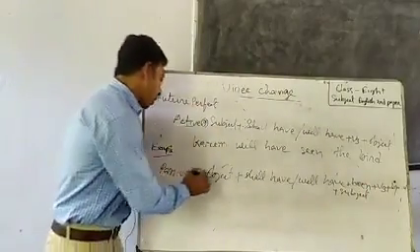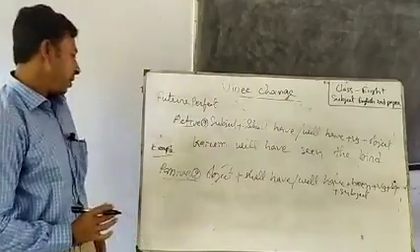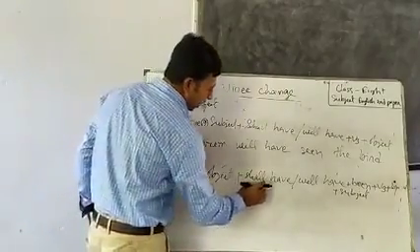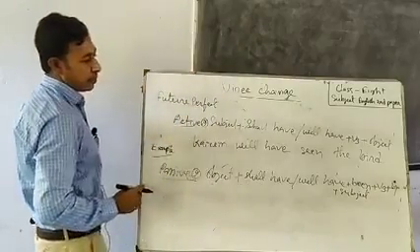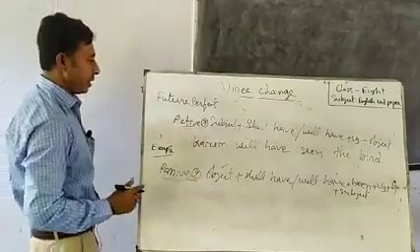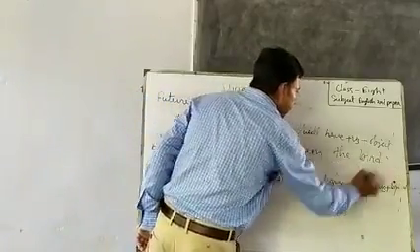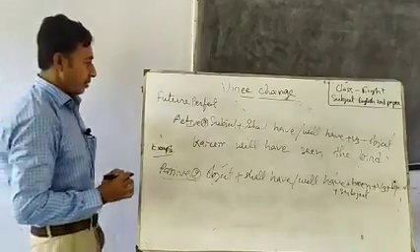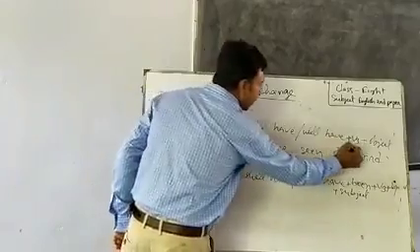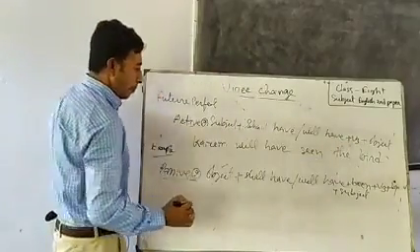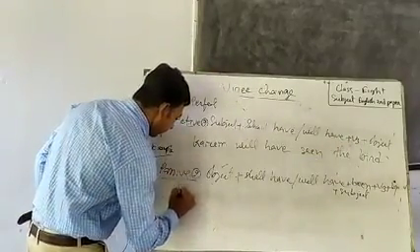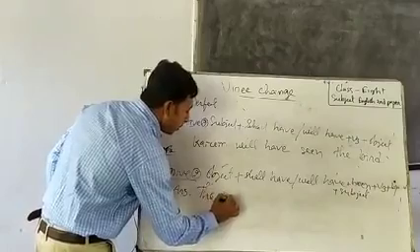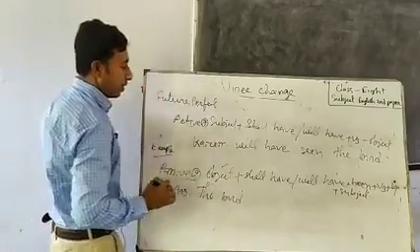Dear student, here I show this class's last structure: object plus shall have, will have, plus been, plus verb 3, plus by, plus subject. We change these sentences into passive. How do we change? First we write object. Object is the bird. The bird.